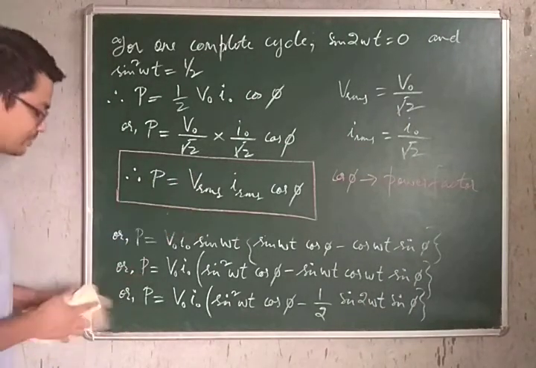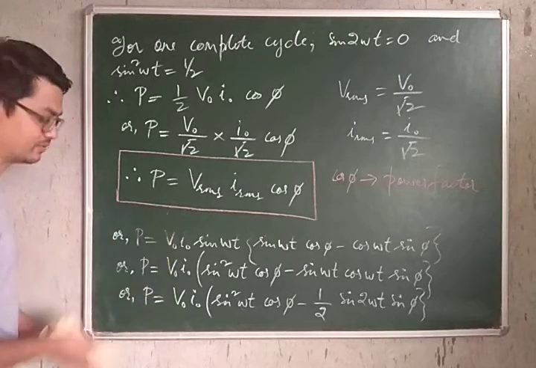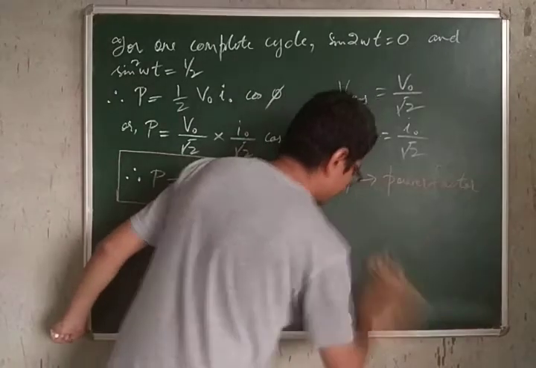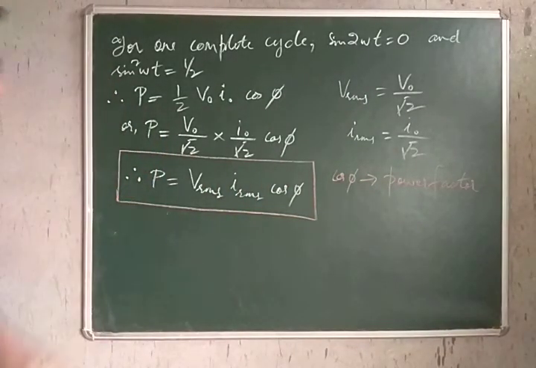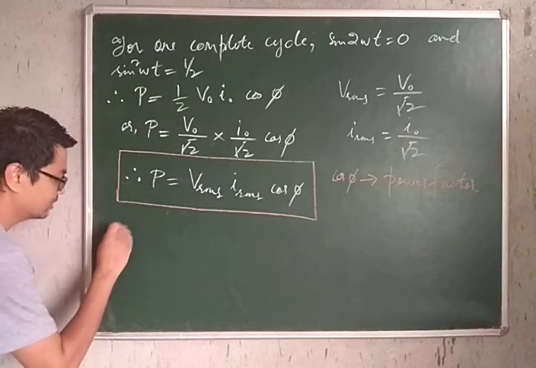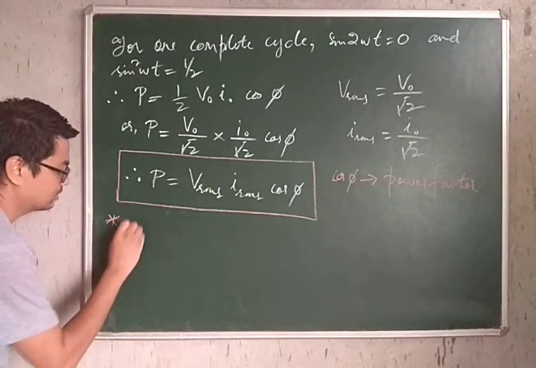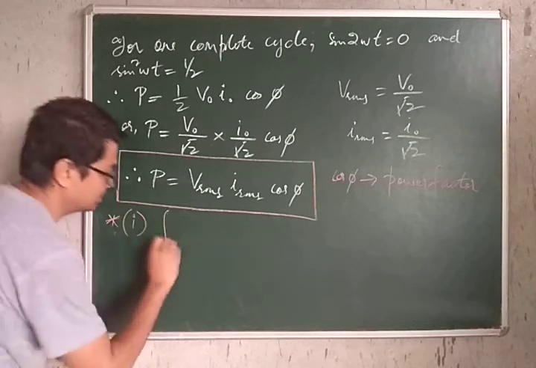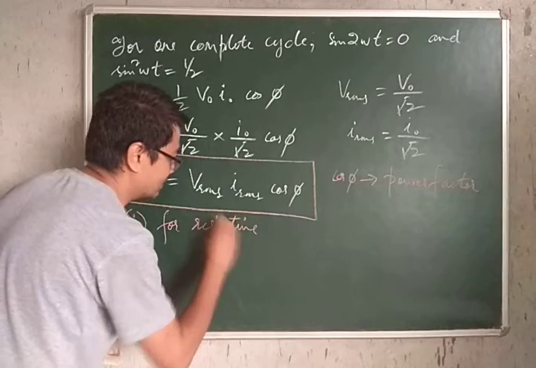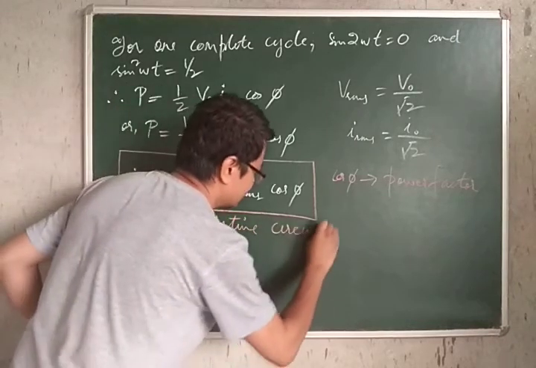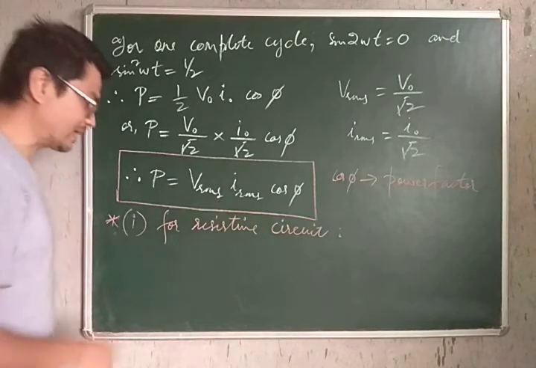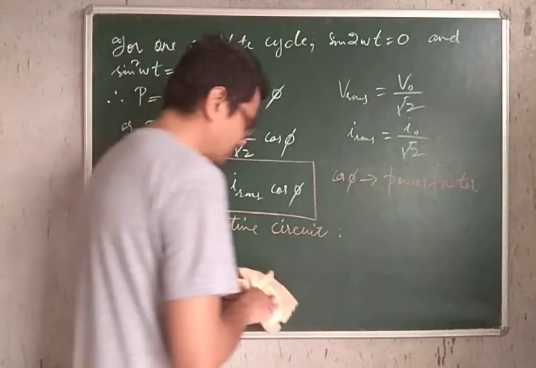Okay, now see, from this expression, can I erase the lower half? Of course I can, isn't it? So I believe you've paused the video and already copied that. So if it's a resistive circuit, let me write number 1 for resistive circuits. This is the expression for the LCR circuit, don't forget. So for a resistive circuit, what do we know?